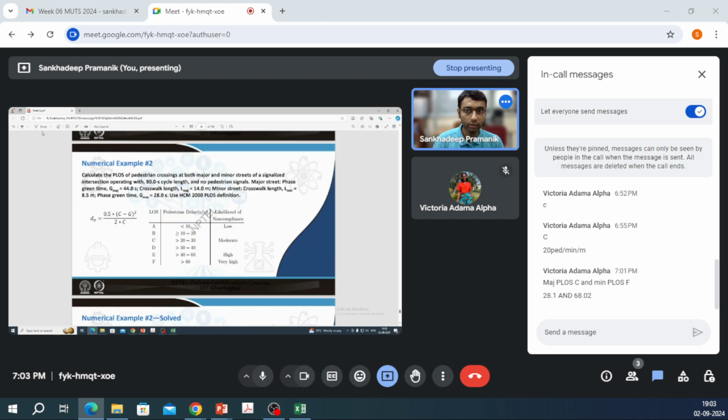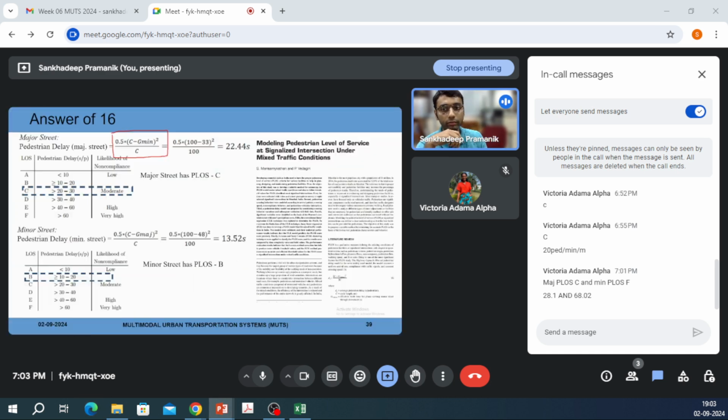Actually, the formula will be a bit different in this lecture. The formulas given are different.